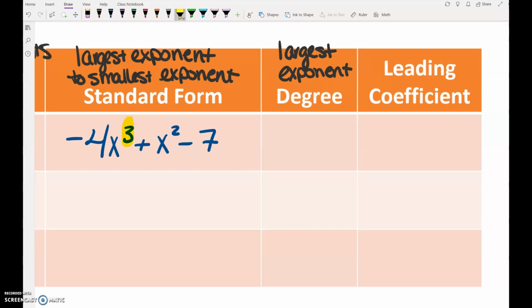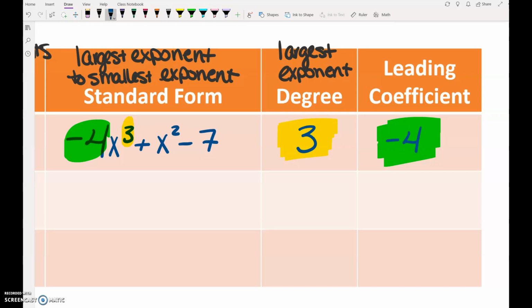So our largest exponent is 3. This is a third degree polynomial. The leading coefficient is the coefficient of the term that has the largest exponent. So the number in front of the term with the largest exponent, in this case, it's negative 4.